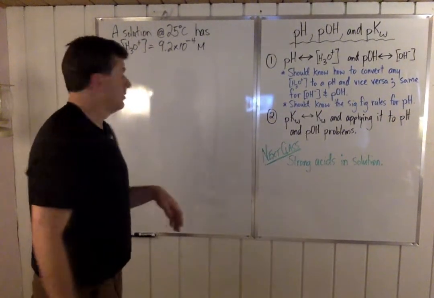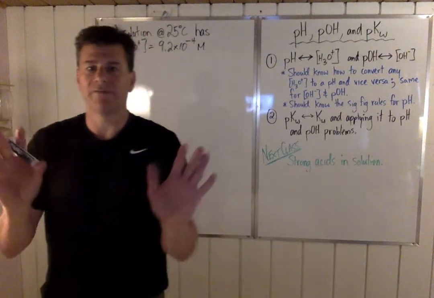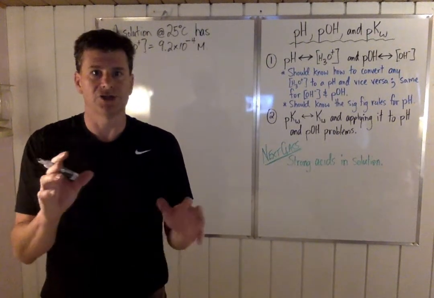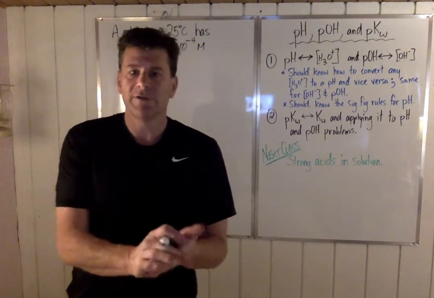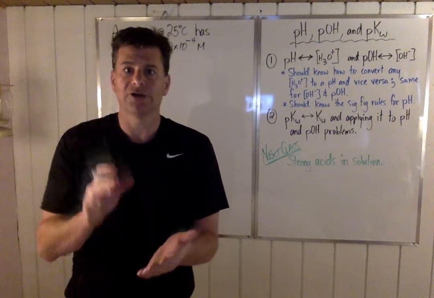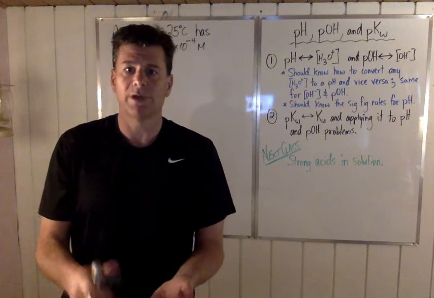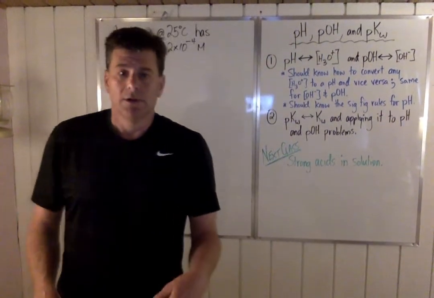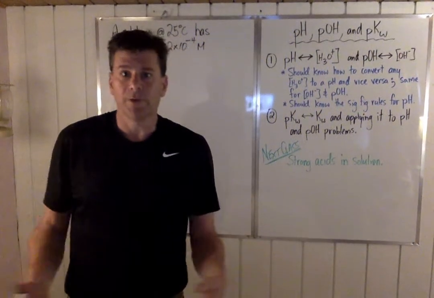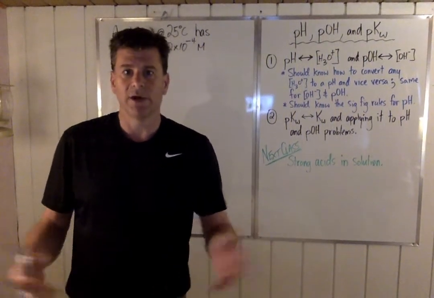Okay, so let's just stop for a second. Let's use our logic and what do we know theoretically here. Water at 25 degrees, if it was distilled, the hydronium concentration would be 1 times 10 to the negative 7, the square root of Kw. It would also equal the hydroxide. They'd both be 1 times 10 to the negative 7. It's neutral, that's why they're equal.